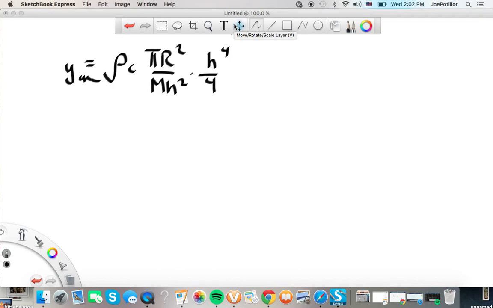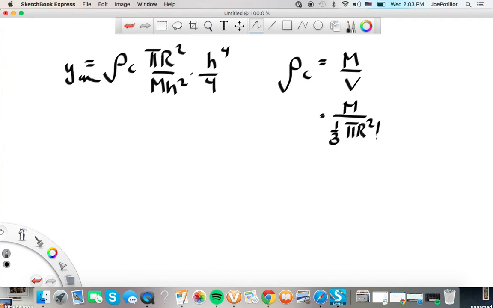Now we have to take the density of the cone. The density of the cone is the mass divided by the volume of the cone. The volume of the cone is 1/3 pi r squared h.